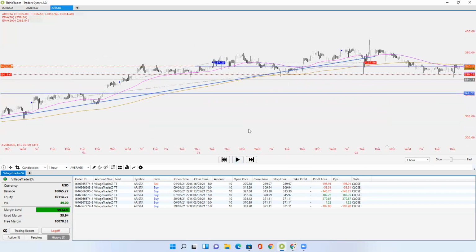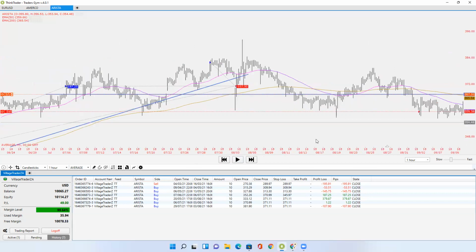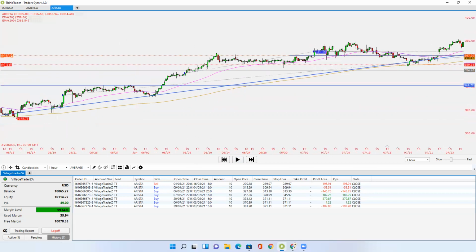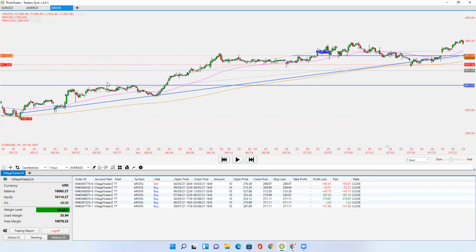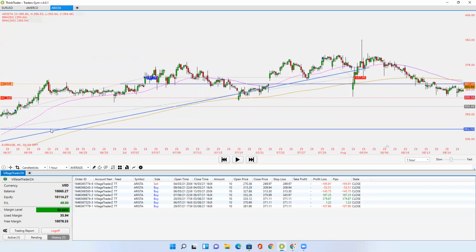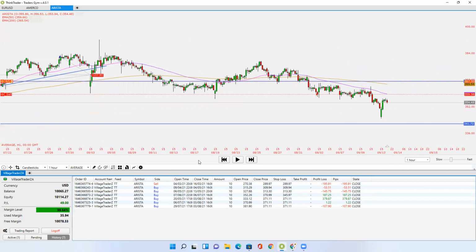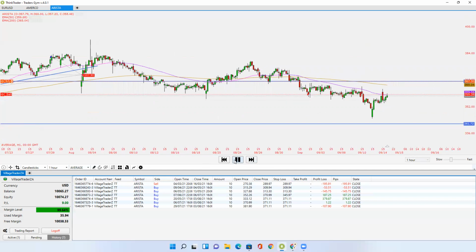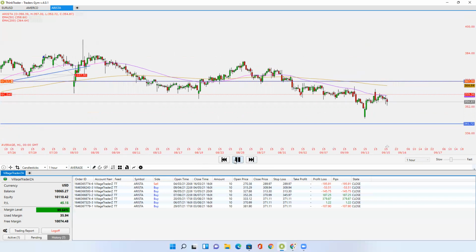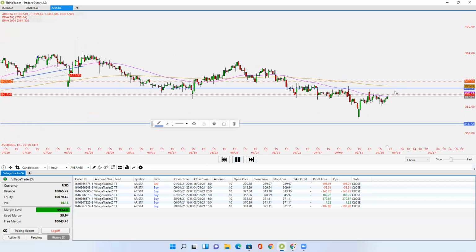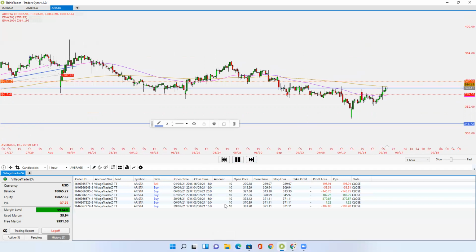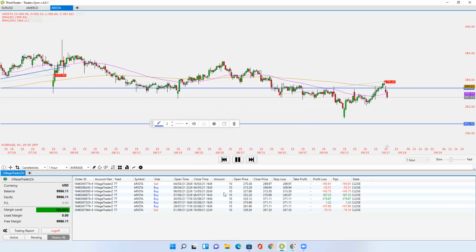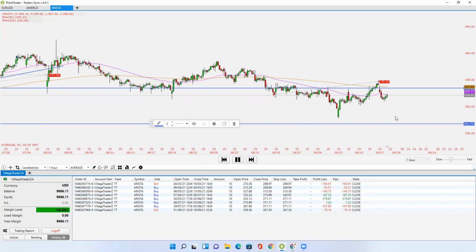So if we go back, this level 341 was a resistance level. So I want to see if it now holds its support. If it doesn't, I want to add to my shorts. Cool. That's if my stop is below the right place. So let's stop there.